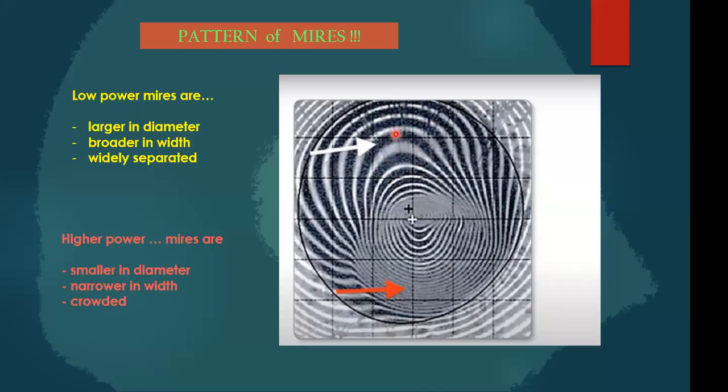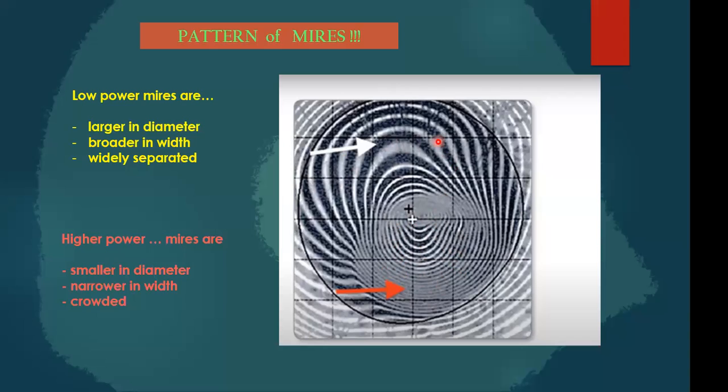So low power mires will always be larger in diameter, broader in width, and very widely separated as compared to higher power mires, which will be smaller in diameter, narrower in width, and very crowded. So this area is suggestive of a steeper area or a steeper cornea in the inferior part, and a flatter cornea in the superior part of the cornea.